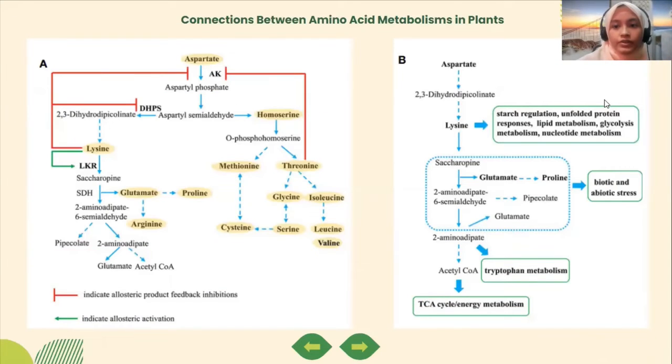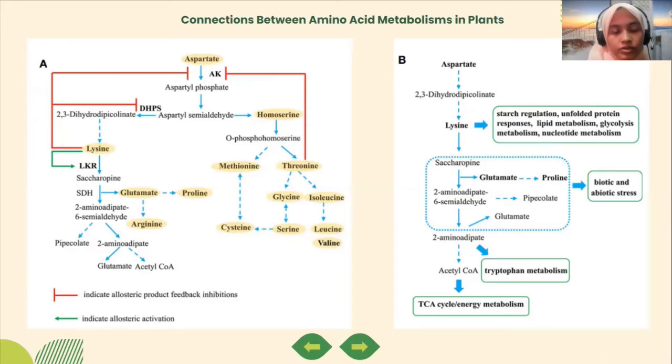Now we can continue to the connections between amino acid metabolism in plants. We have three diagrams, which are A, B, and C. The A and B diagrams tell us about the pathways, and diagram C will inform us about the functions of the amino acids.